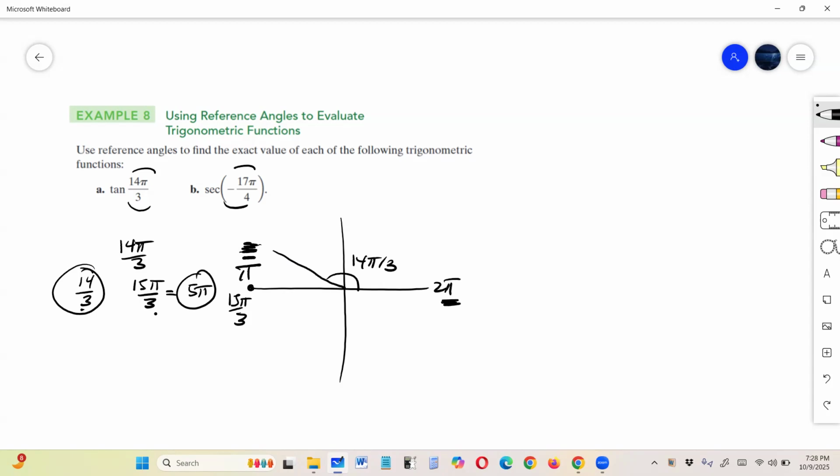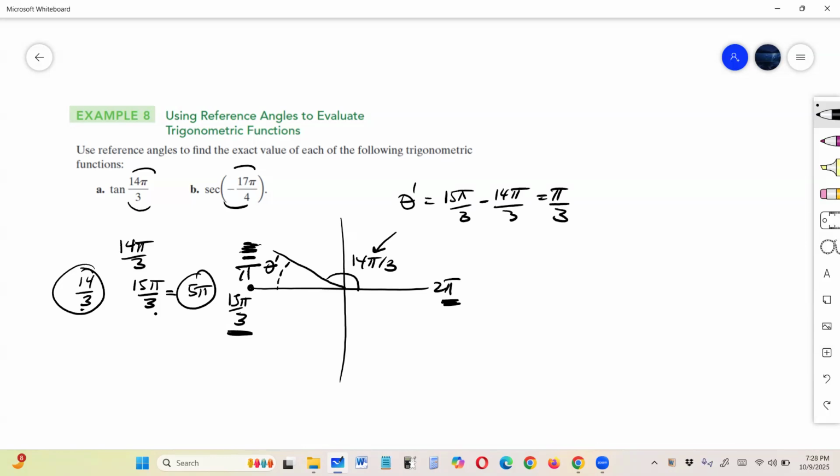All I'm interested in is that this is 14 pi over 3 in the second quadrant. And on my x-axis, I have 15 pi over 3. And this is my, again, reference angle. So again, very easy. 15 pi over 3 minus 14 pi over 3 is pi over 3.